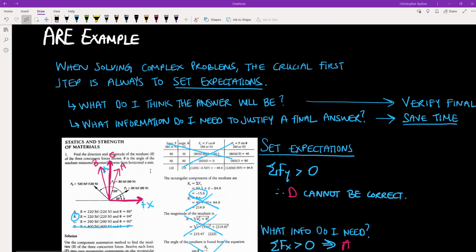So I would definitely encourage you, as you are taking the ARE or preparing for the ARE, to get into the habit of setting expectations for your answers and asking yourself, what do I think the answer will be before I jump into the math, and what information do I need to justify a final answer?